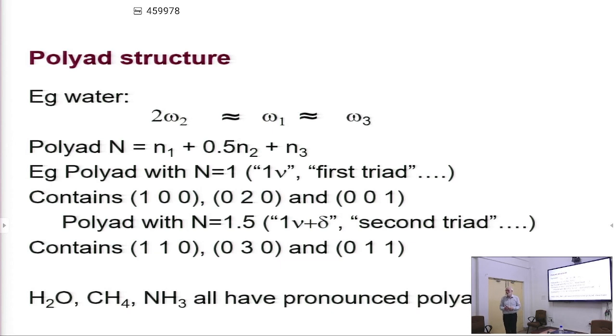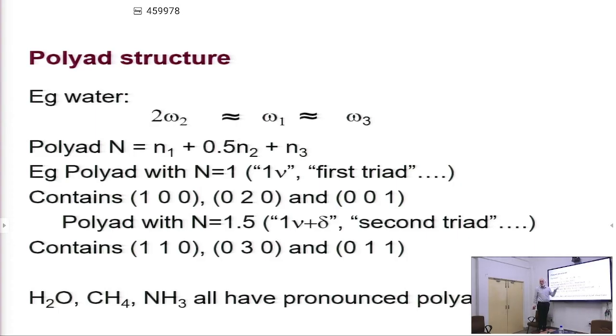And quite often, normally for fundamentals you can sort them out, but as you go up in energy, they get increasingly entangled. And people talk about polyads, where they say that the amount of vibrational energy you've got, for instance here, if you have polyad n, it's the number of quanta in the symmetric stretch, half the number of quanta in the bend, and the number of quanta in the asymmetric stretch.